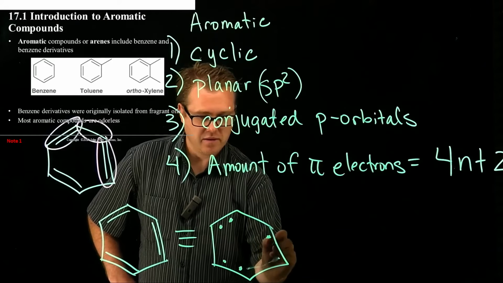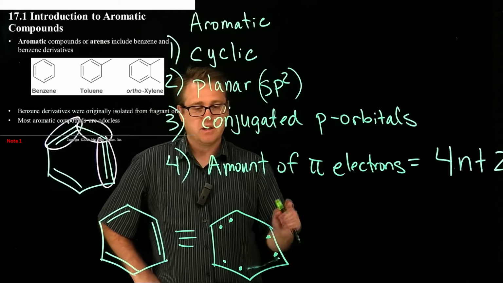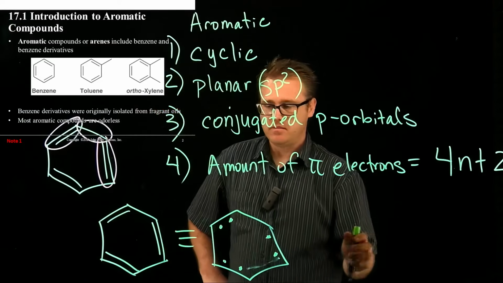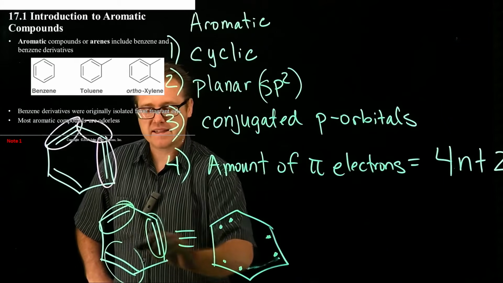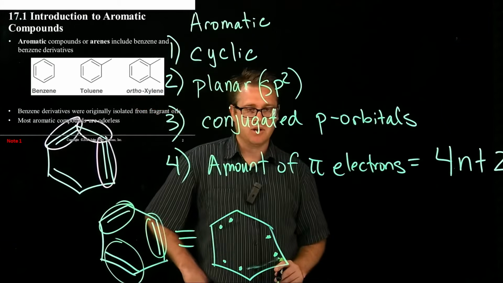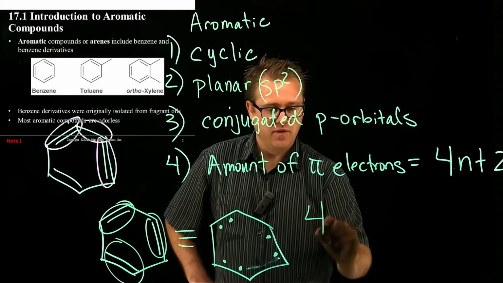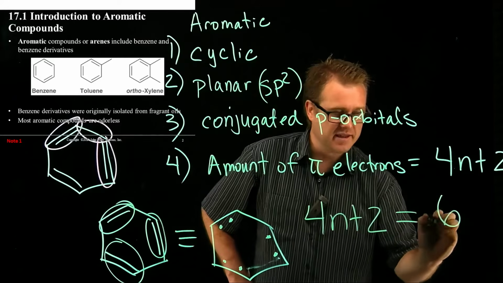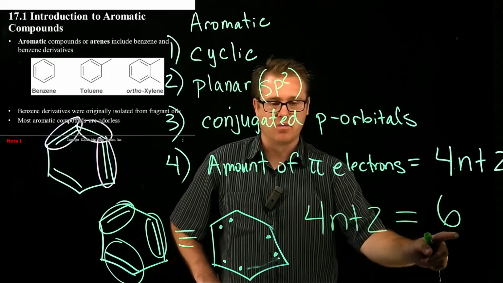So we can see that there's 2, 4, 6 pi electrons. So we take that equation, 4n plus 2 equals 6. That number 6 is how many pi electrons we have in our molecule.